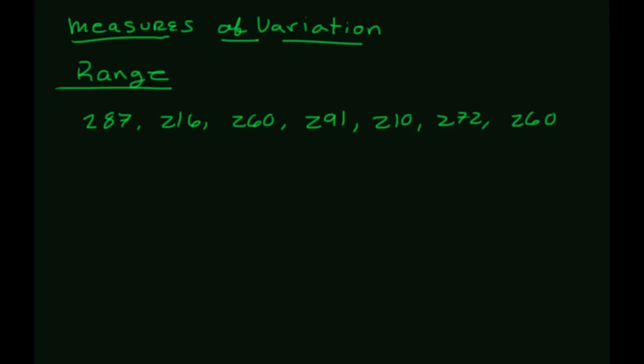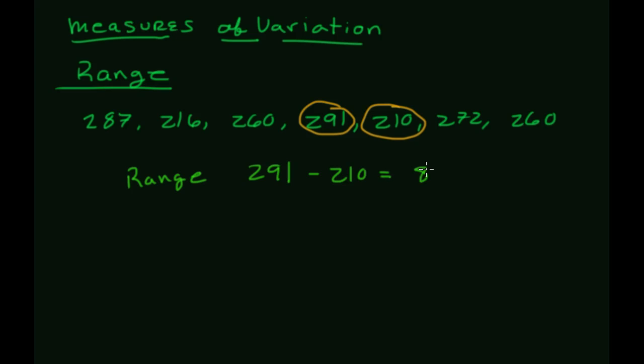To find the range, I have to find the minimum value, which looks like it's 210, and the maximum value, which looks like it's 291, and find the difference between them. The difference between 291 and 210 is 81.